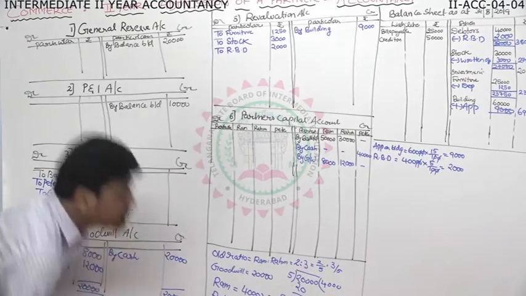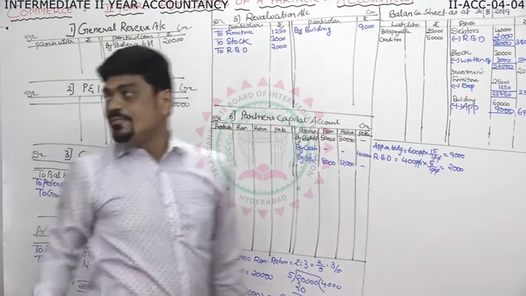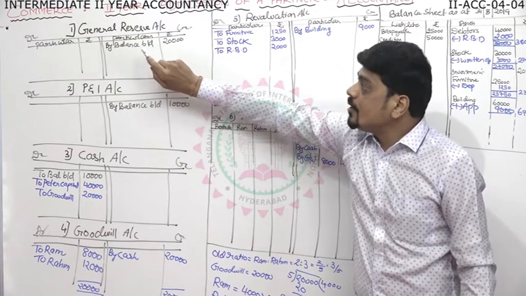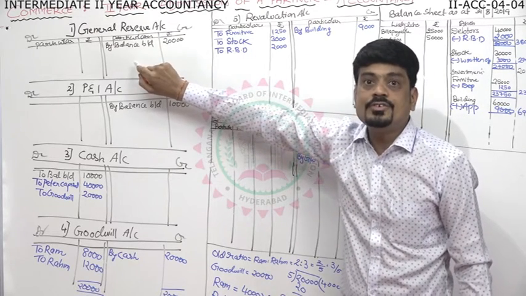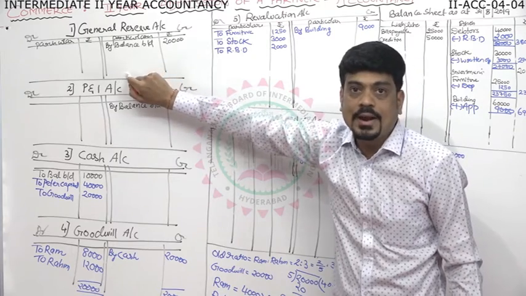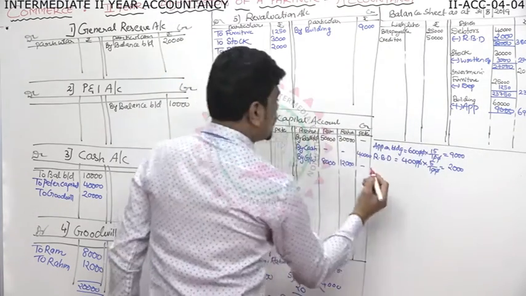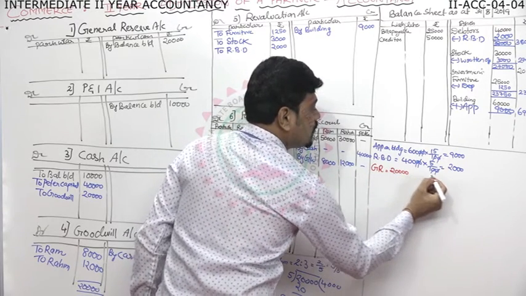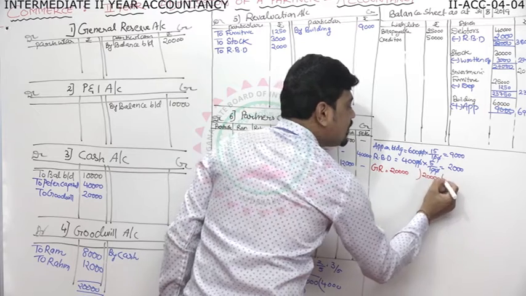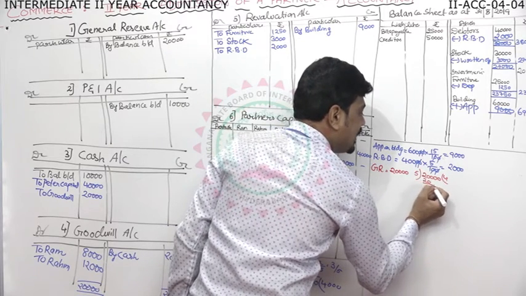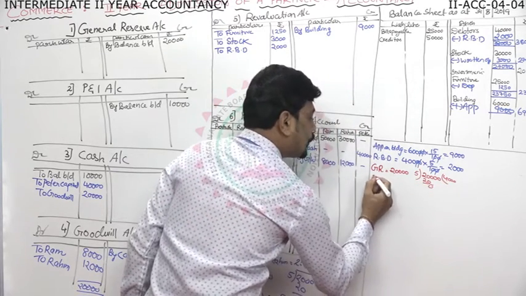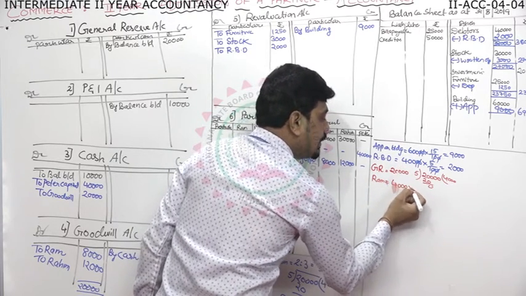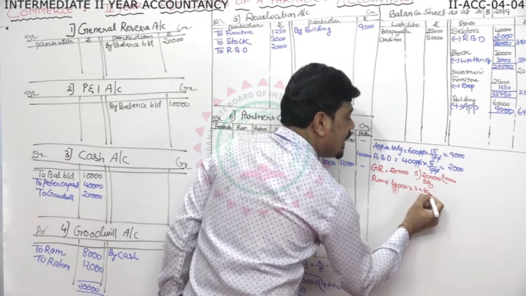Now in sequence, we'll close one account. The first account is general reserve, which is an accumulated profit. Always the accumulated profit shall be distributed among the old partners. So we'll do the distribution. Here, general reserve. How much is general reserve? 20,000. Now this 20,000, first I'll divide by 5. 5 4s are 20. So 4,000. Then I'll do Ram's share, 4,000 into 2. I get 8,000.